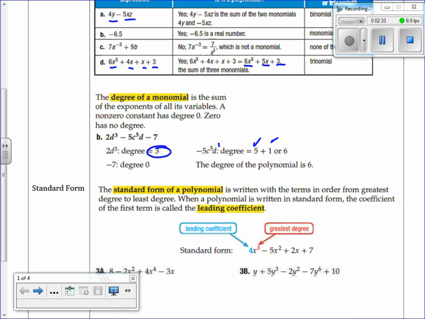So that's where we were just figuring out degrees of monomials. When we're talking about the degree of the polynomial, what we're doing is taking the greatest degree of any term in the polynomial.